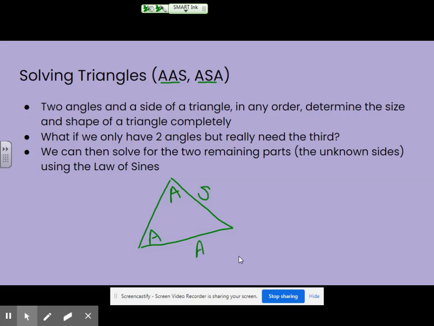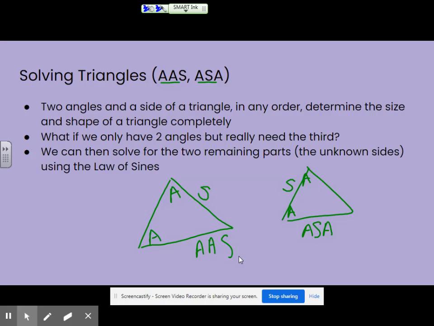For that second one, our ASA, I have an angle, I have the direct next side, and I have the direct next angle, for angle, side, angle. These are going to be the two that we are absolutely guaranteed to be able to work with for law of sines. Other ones, sometimes we can't use law of sines at all, and sometimes we have a weird situation.